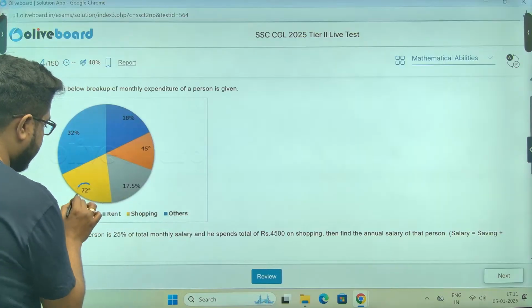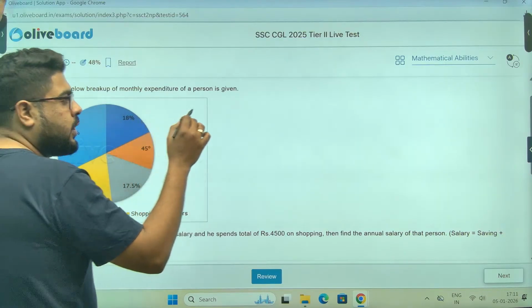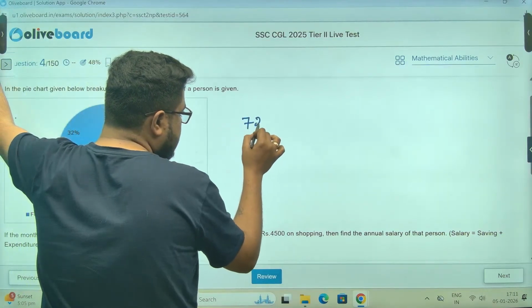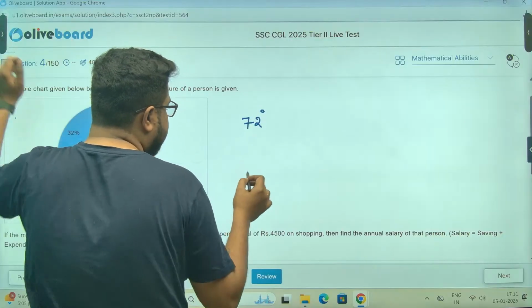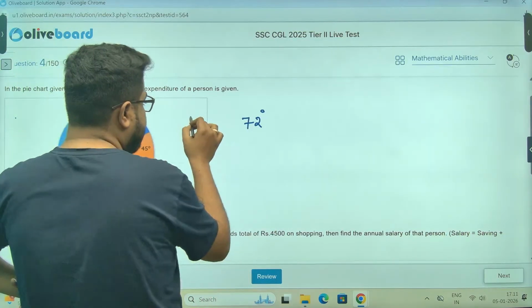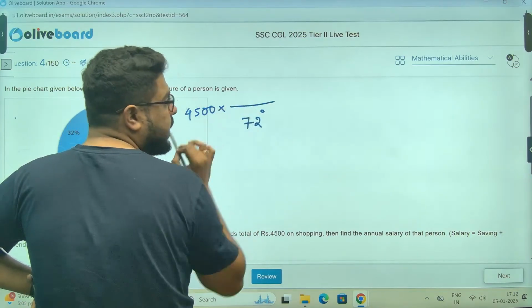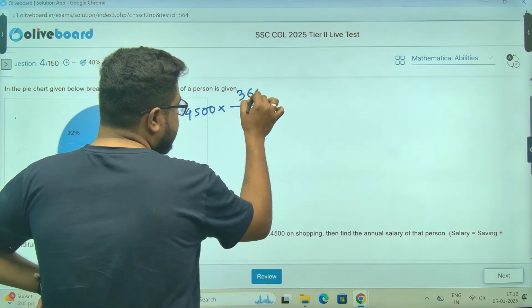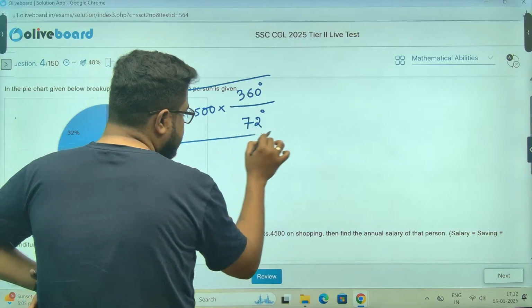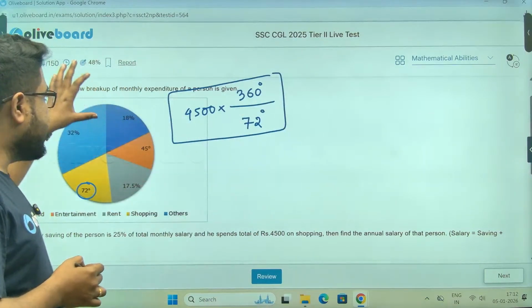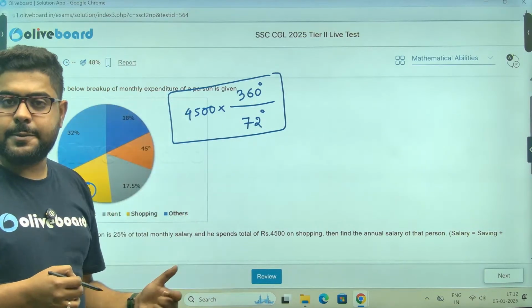Shopping means 72 degrees. 72 degrees represents 4,500. So 4,500 rupees represents 72 degrees. So total expenditure will be the total 360 degrees, this whole pie chart, because this is a pie chart of the monthly expenditure.